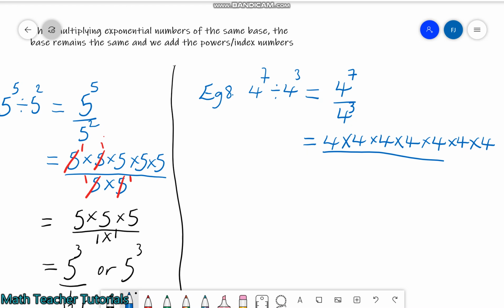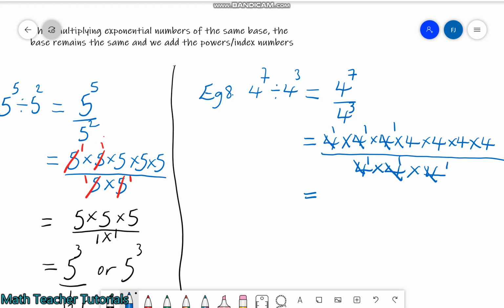And that's all upon 4 times 4 times 4. 4 into 4 goes one time, 4 into 4, 1, 4 into 4, 1.